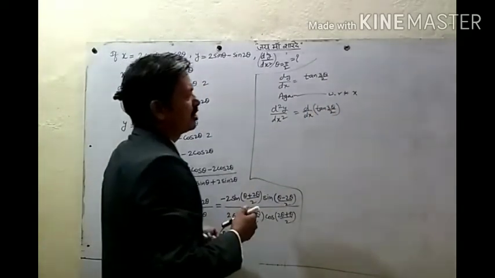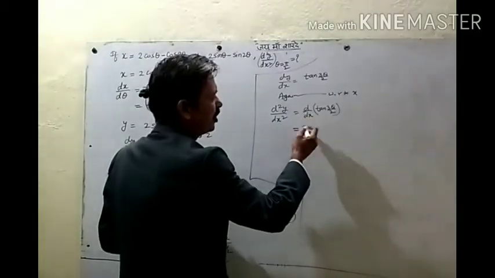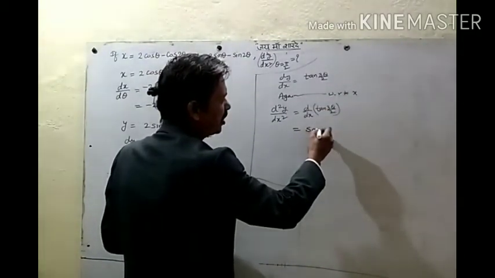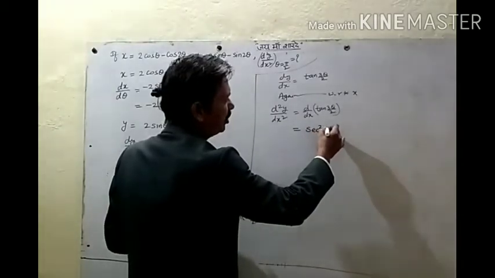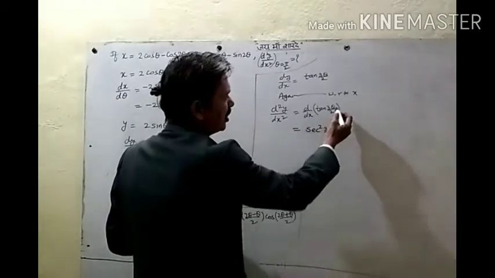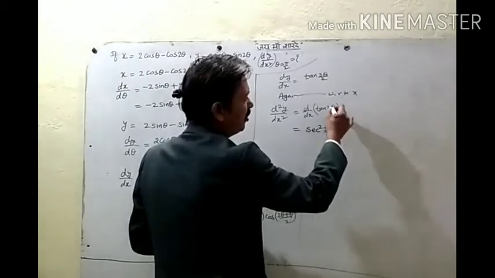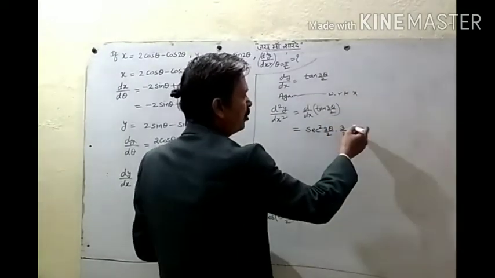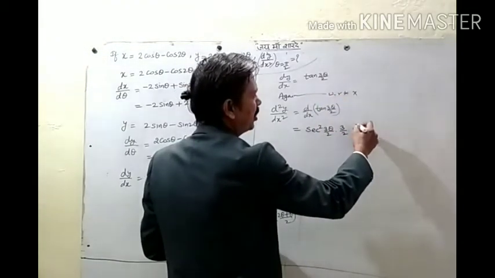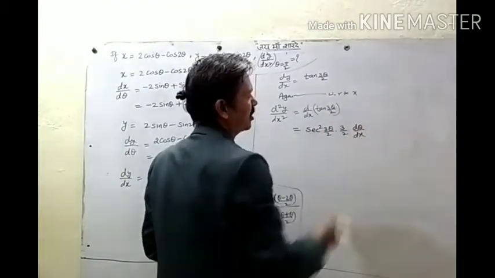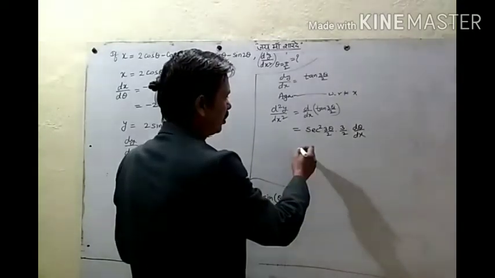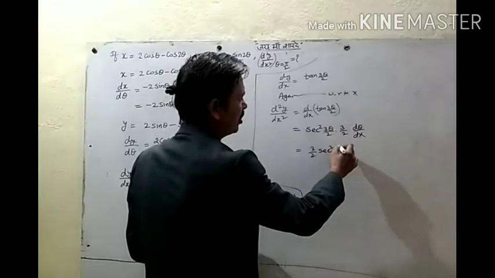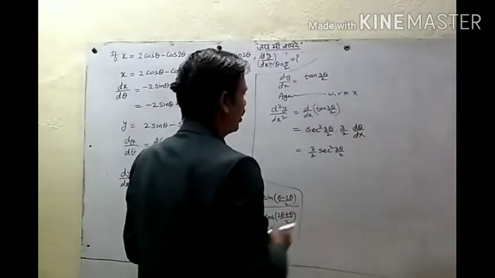The given function is a function of theta, so differentiate tan with respect to theta first. The derivative of tan theta is sec square theta, but it is not actually theta, so again differentiate, and we get 3 by 2, into the derivative of theta, which is d theta by dx. So it is 3 by 2 sec square 3 theta by 2 into d theta by dx.